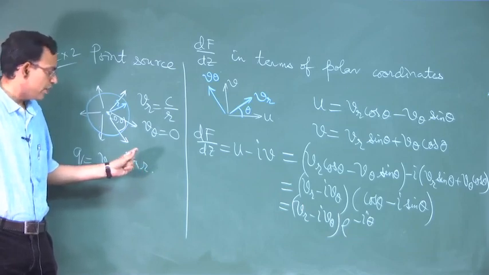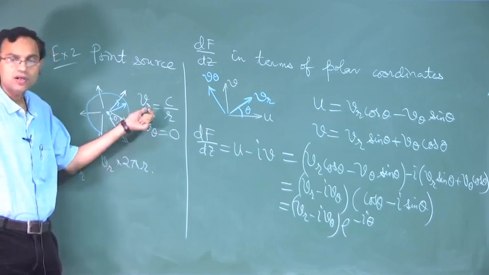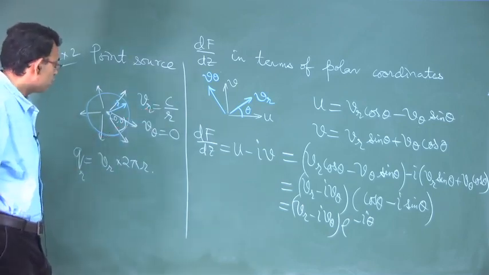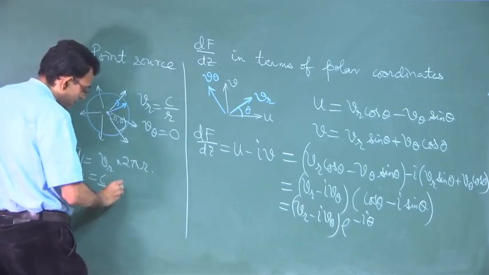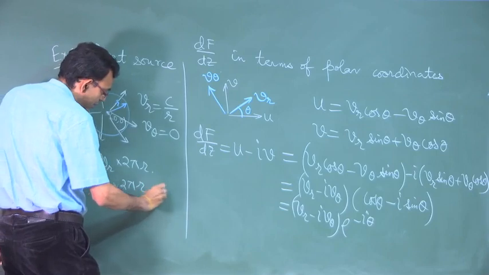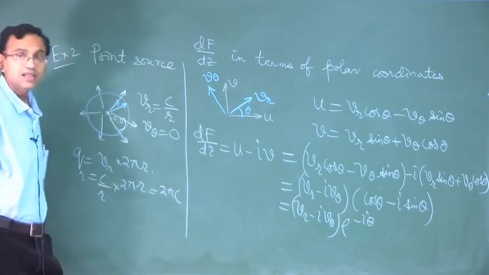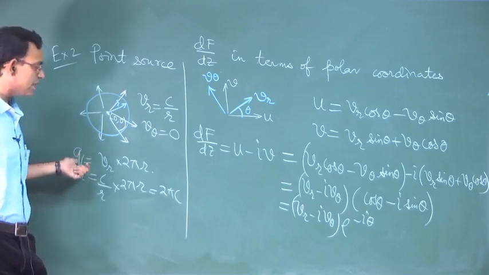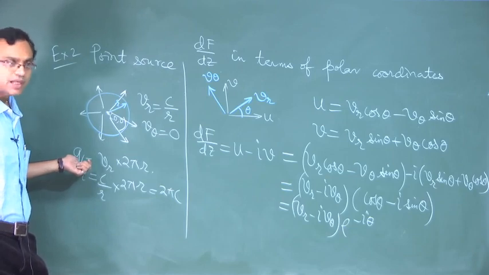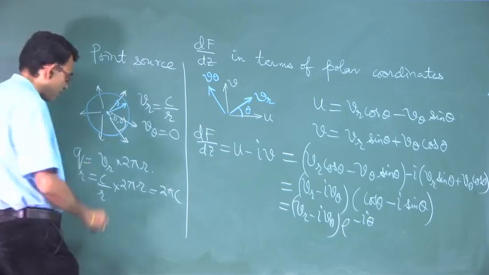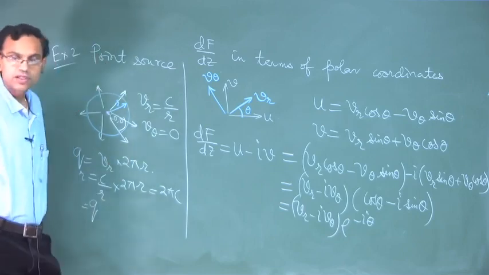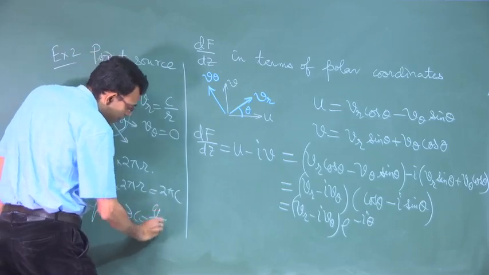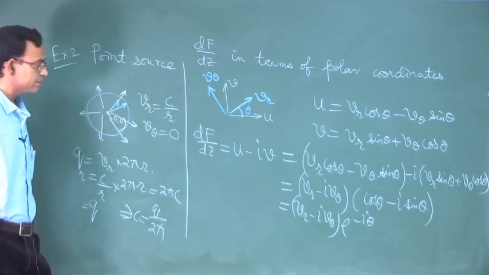There is no need of breaking it up into theta elements, because Vr is not a function of theta, Vr is a function of r only. So, Vr is c by r into 2 pi r, and therefore it is 2 pi c, and this gives rise to an interesting observation that the flow rate is not a function of r, although the velocity is a function of r. So, we can write a universal flow rate q. The constant c can be replaced by a more meaningful parameter q by 2 pi.